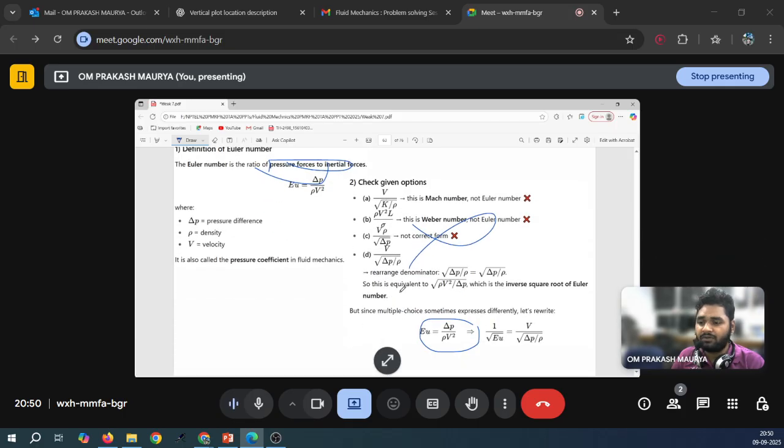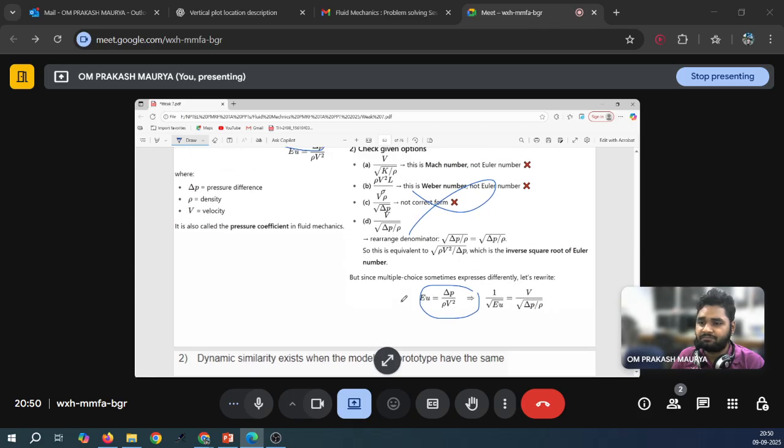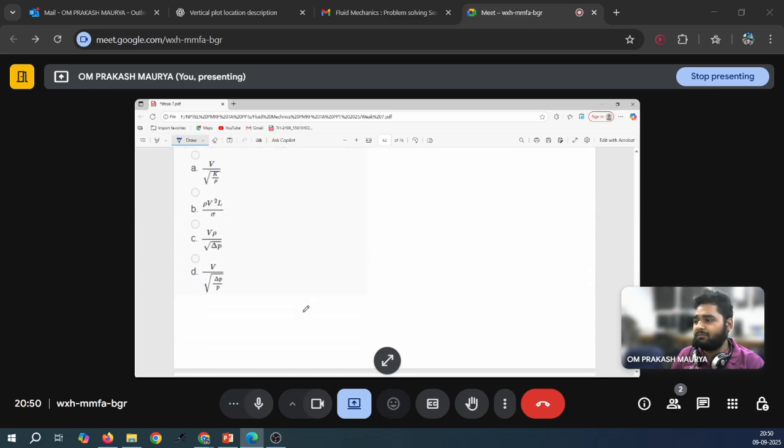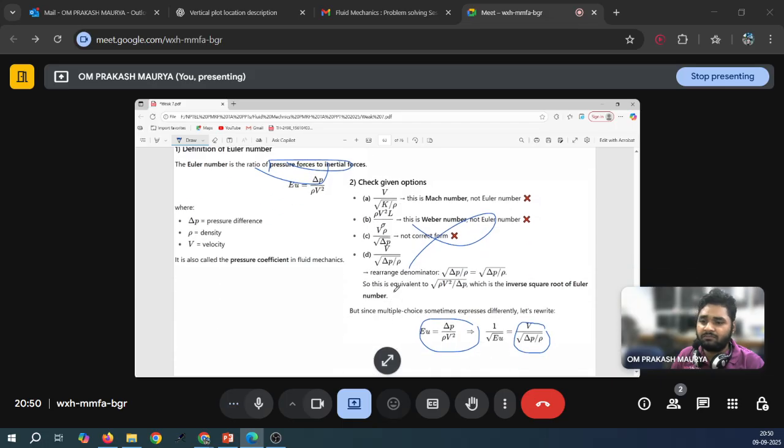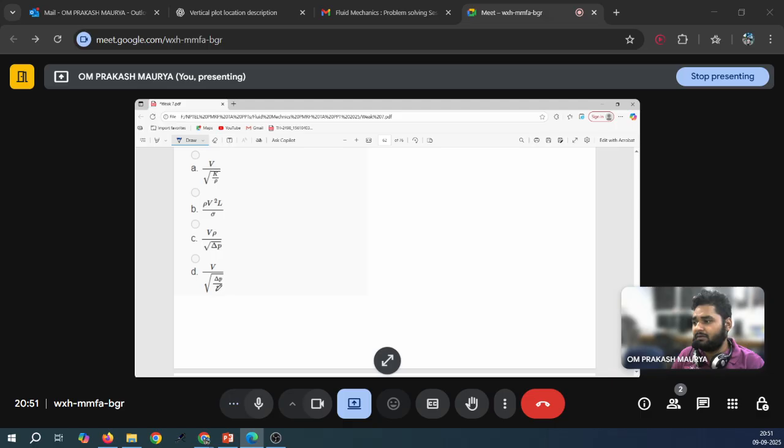So not any option exactly, but you can write it like that also, V by root delta P by rho. Oh, this is rho, not P. Yeah, this is rho. So option D will be correct.